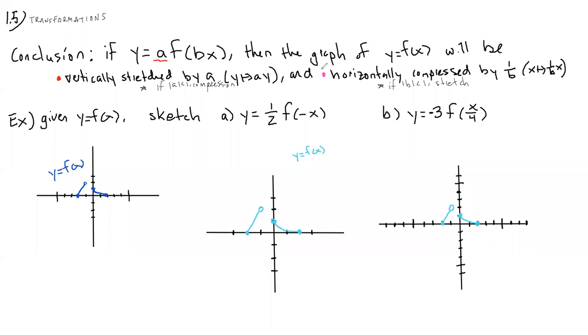Okay, so for this example, I didn't try to come up with a nice application or anything. It'll just be a bit more of a straightforward graph transformation type example. So I've given you this graph of y equals f of x, kind of a weird looking piecewise function. And there's a couple of features that are going to be annoying.